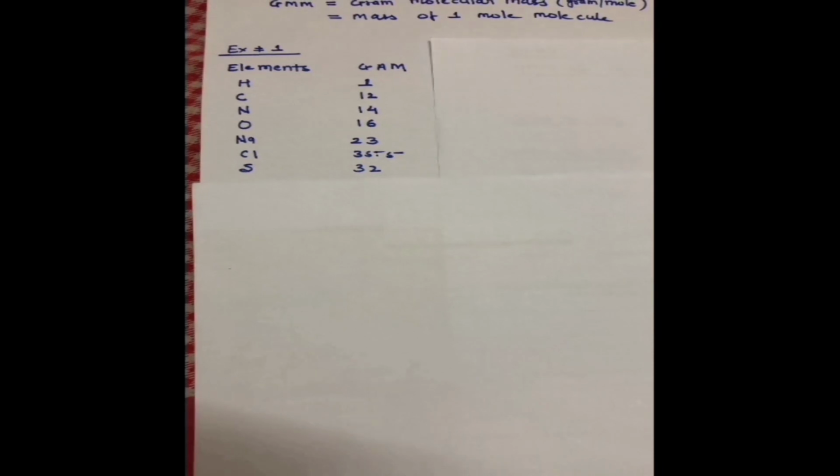For example, atomic mass of carbon is 12 and gram atomic mass of carbon is also 12. Just like sulfur, atomic mass 32, and the gram atomic mass of sulfur is also 32. That means there is no difference between atomic mass and gram atomic mass. When atomic mass is expressed in gram, then it is gram atomic mass.